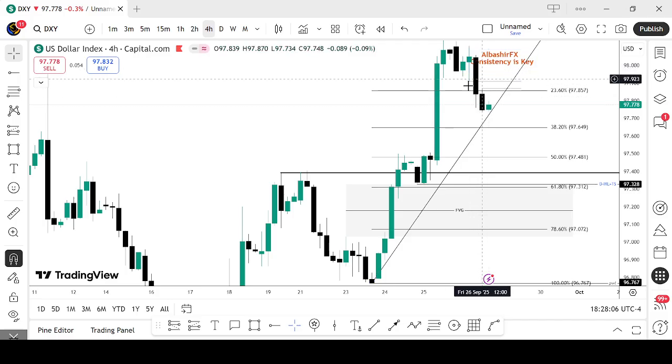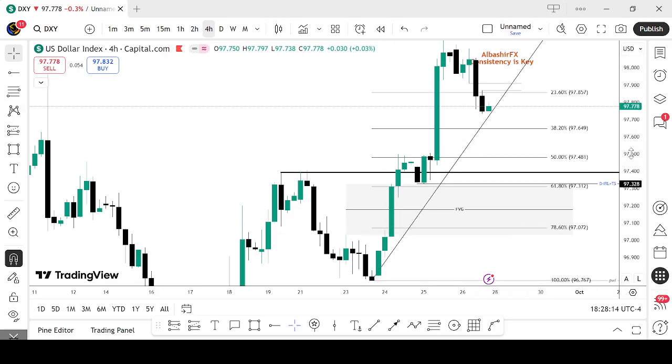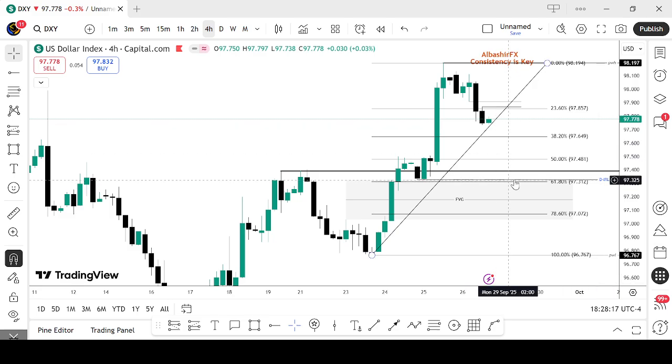We see that we have a fair value gap, or a key level, on the 4 hour that is going to take us down to our discount level. Now if price takes us down to the discount level, before the 62% or 61% region, we have our daily internal range liquidity.